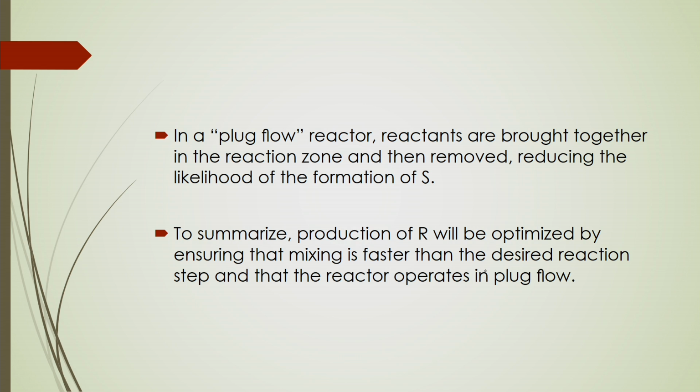So, in plug flow reactors, reactants come to each other, and in a particular zone there will be a reaction, and you can reduce the final product S based on the plug flow phenomena. To summarize, production of R will be optimized by ensuring that mixing, whether it is fast or the desired reaction step, and that the reactor operates in a plug flow phenomena.